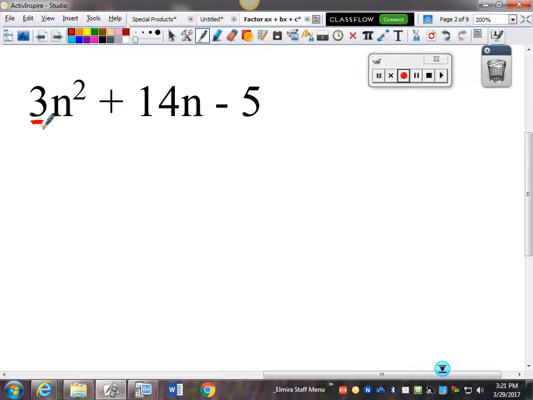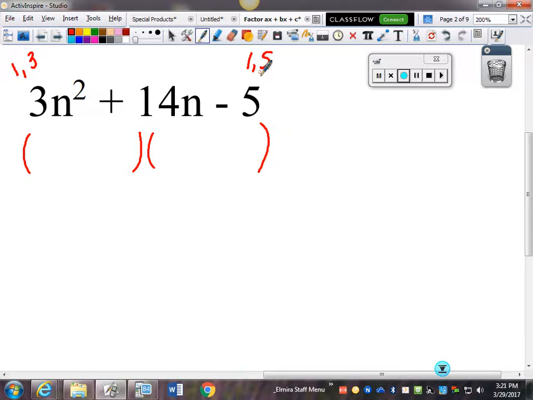So there's two strategies that I'm going to show you to try in order to factor this trinomial into two binomials. The first strategy we're going to talk about is trial and error, and it's exactly what it sounds like. So first of all, I'd be thinking of the factors of 3. That would be 1 and 3. And then the factors of 5. That would be 1 and 5.